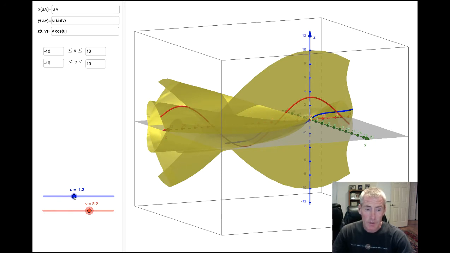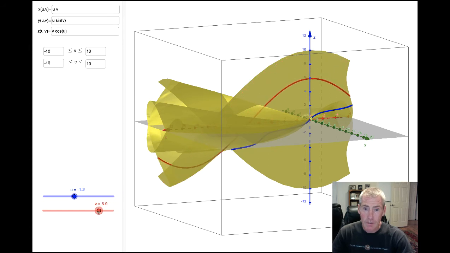If I move the u, the blue one, then you can see it traces the shape, and then you can start to see some of the edges. Like right there, it looks like it's going straight, and right here, it's definitely curved. You can see this back part. If I move the red one, that looks like a sine curve or cosine. And as it goes up, then it fills this top part.